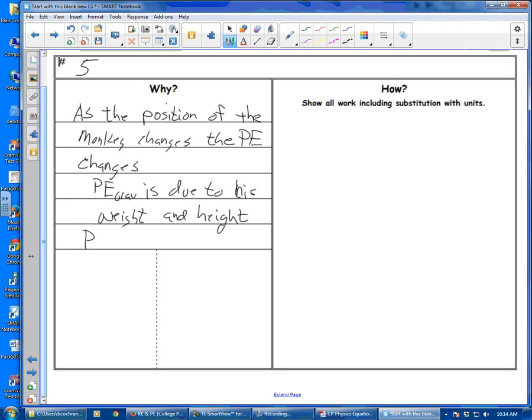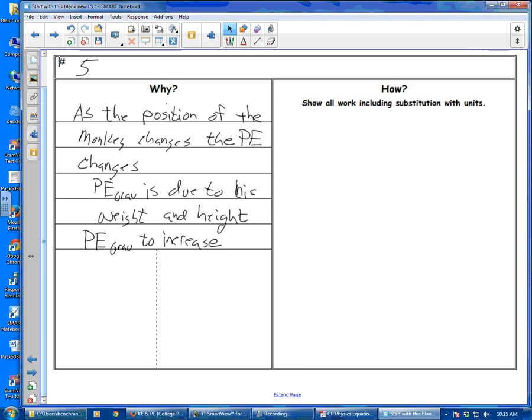And you might even put that you expect the PE graph to increase. That might be a good thing to have in there, just to show you understand that if he goes upwards, in other words, further from the center of the Earth, it's going to increase his gravitational potential energy because its position is now further from the Earth.